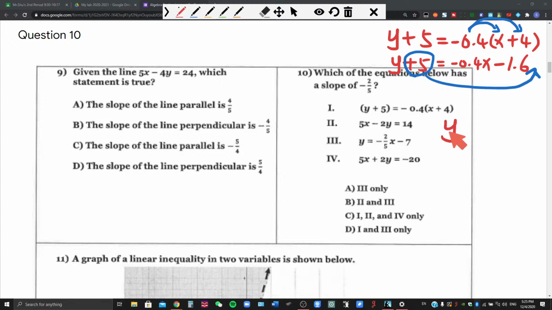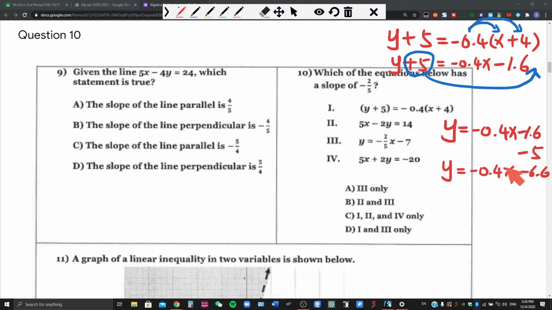So y equals negative 0.4x subtract 1.6 and subtract another 5. Or y equals negative 0.4x subtract 6.6. Okay, and actually you can already tell the slope in this step. The slope is the number in front of x, and that is negative 0.4.